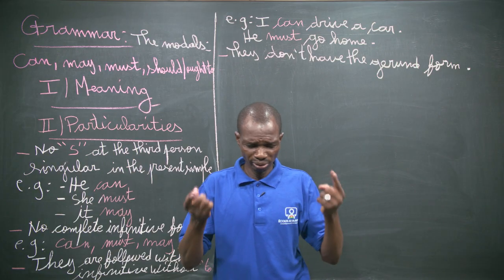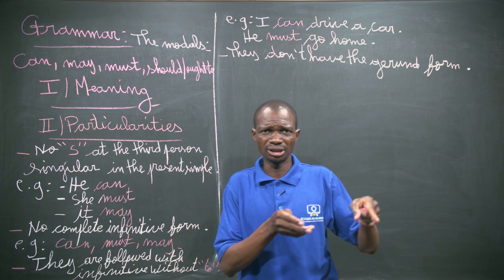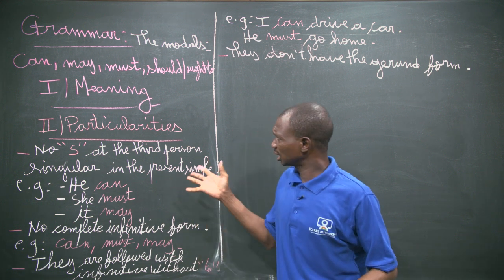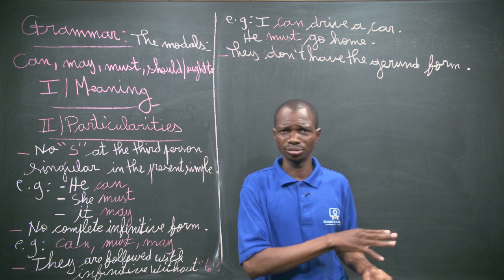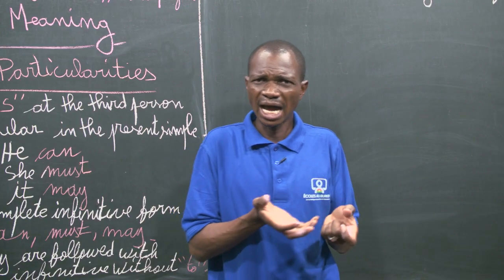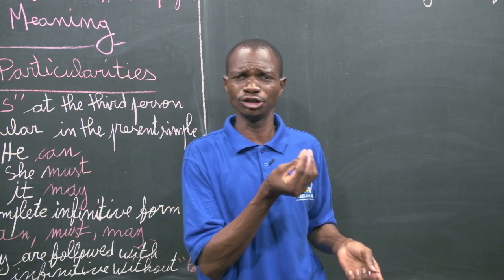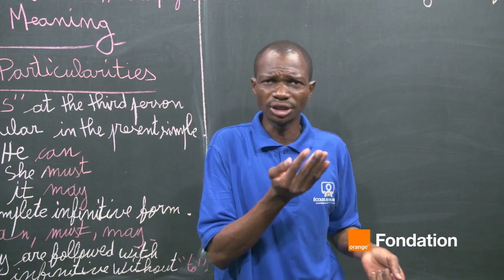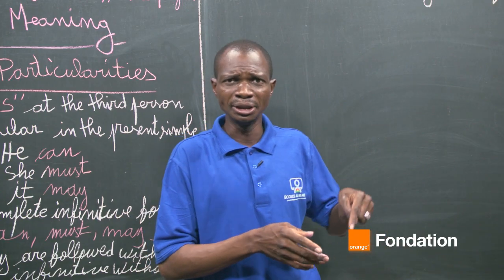To have the past participle, we can use the equivalent. As they have some particularities which differ from the conjugation of the other verbs, they have some equivalents, and we can use these equivalents to give the past participle.